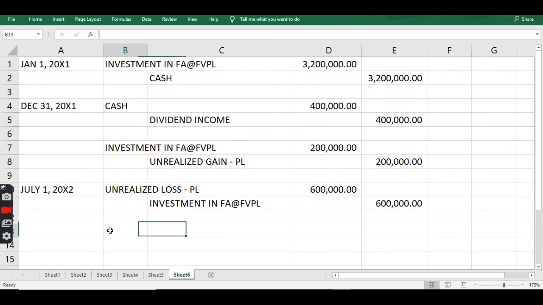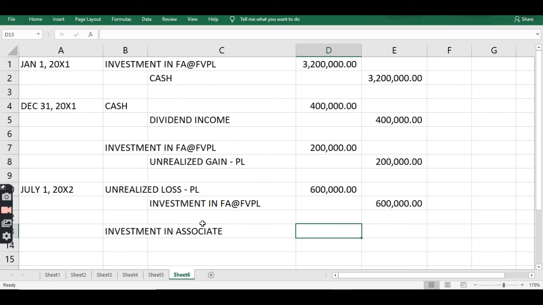Okay. Tapos, next entry natin, recognize pa tayo ng ating additional na item for the recognition of the investment in associates. So, ang mangyari ngayon dyan, investment in associate, magkano mo i-recognize ang investment in associate? Okay?